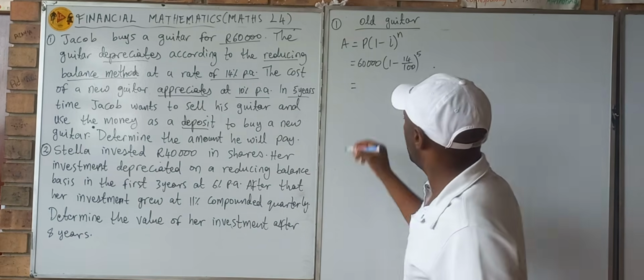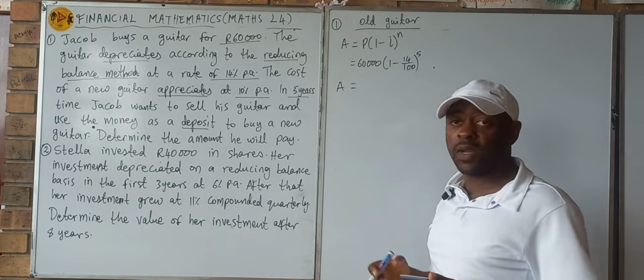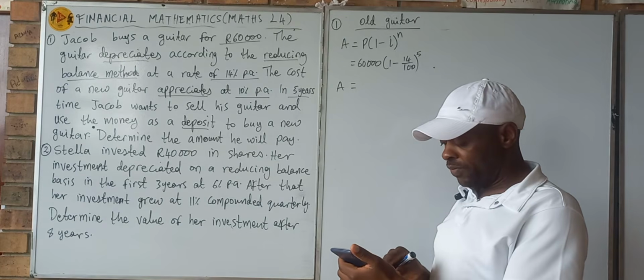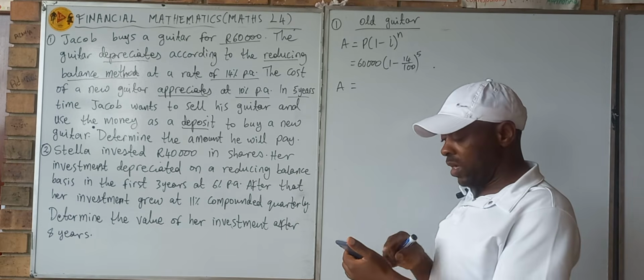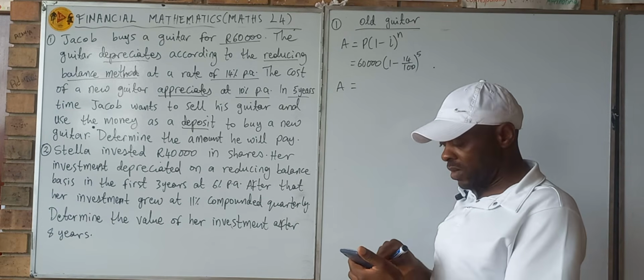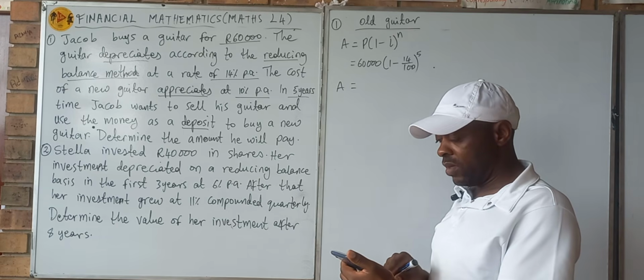So we need to see what is the scrap value, or what is the remaining value in that old guitar. I will take 1 minus 0.14, that's 14%, exponent 5, since it's been used for 5 years. Then I multiply this by 60,000.